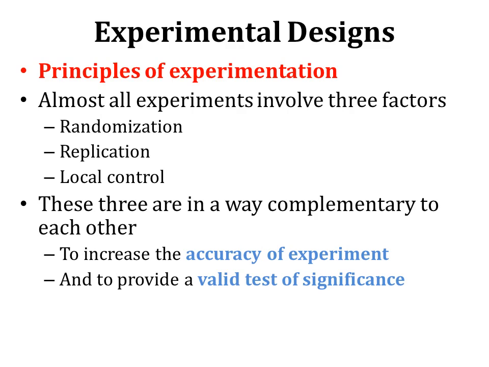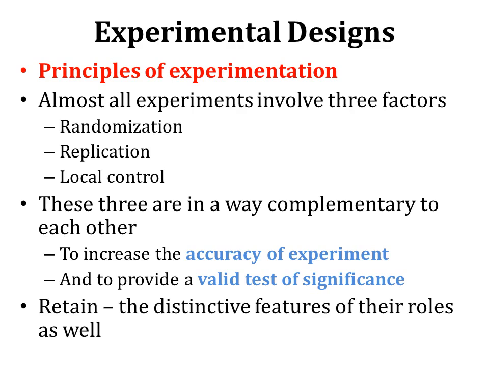These three principles, or these three factors of experimentation, are in a way complementary to each other, and they complement each other to increase the accuracy of the experiment and to provide a valid test of significance.